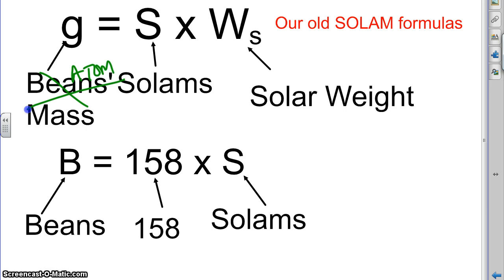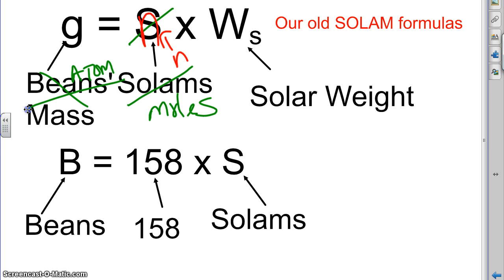Instead of using SOLAMs, we're not going to use groups of 158 anymore. We're going to use groups of 6.02 times 10 to the 23rd. So we're going to start using moles here. And the symbol that we're going to use for moles is a lowercase n. Lowercase n. That's what's going to be there instead of the s now.